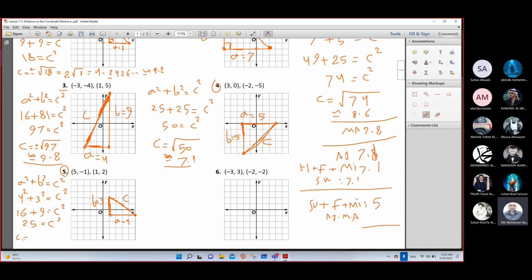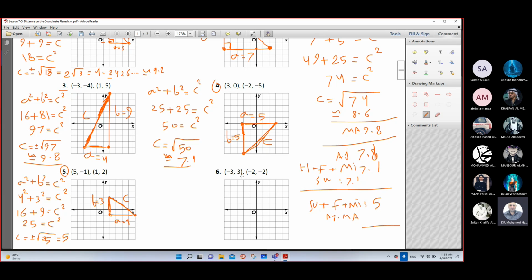C equal the square root of 25. Take the positive value, will be 5. Okay, great for all.